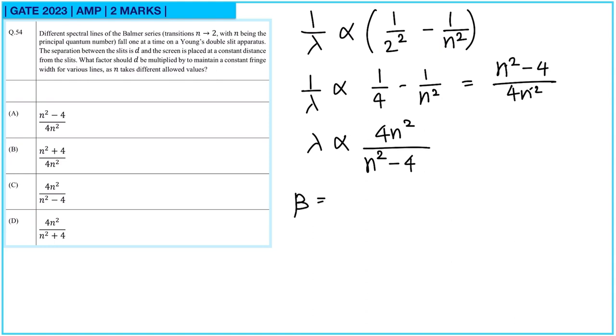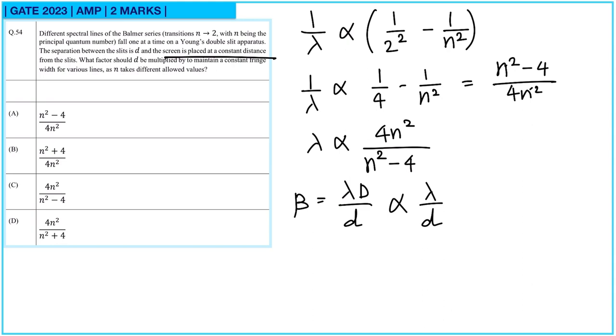Now fringe width beta is equal to lambda capital D by small d. Since the screen is placed at a constant distance, capital D is fixed. So beta depends on lambda by d. Now lambda changes by this much amount, so d should change in the opposite manner.